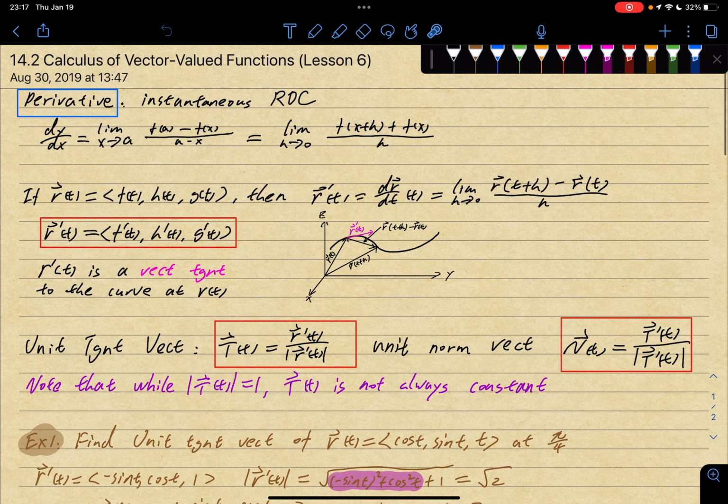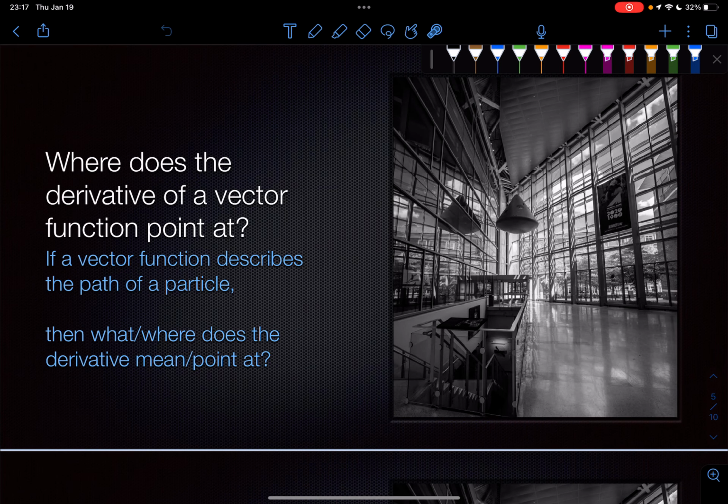So let's go back. And then we have another set of questions. If a function describes the path of a particle, then what and where does the derivative mean and point at? I think everybody understands that if the vector function describes the path, which is the position of the particle, the derivative is the velocity vector of the particle.